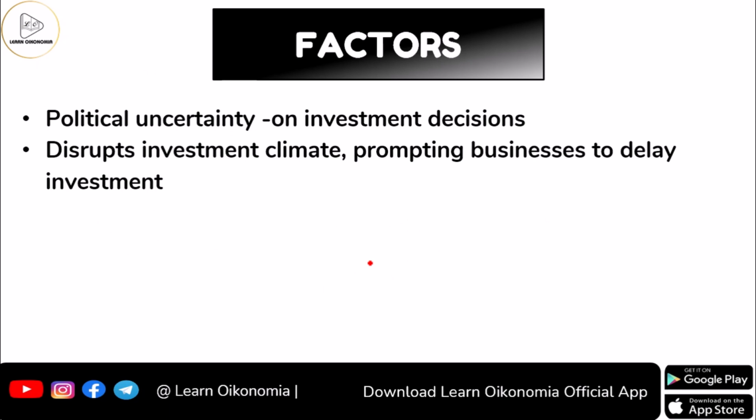Now moving to the next concept, this is political uncertainty, and we know that we are living in a scenario of risk and uncertainty. Why does this happen? Because we are living in an imperfect world, a world of imperfections. The market that we have is imperfect.